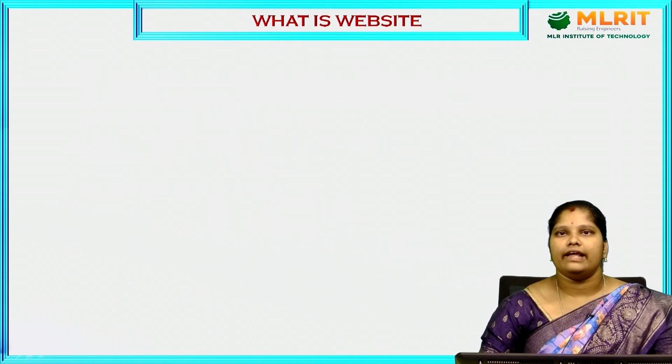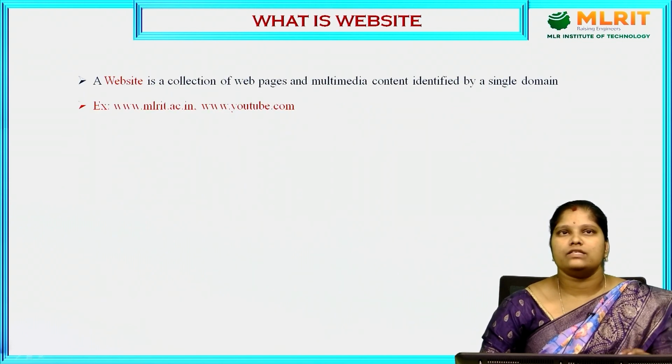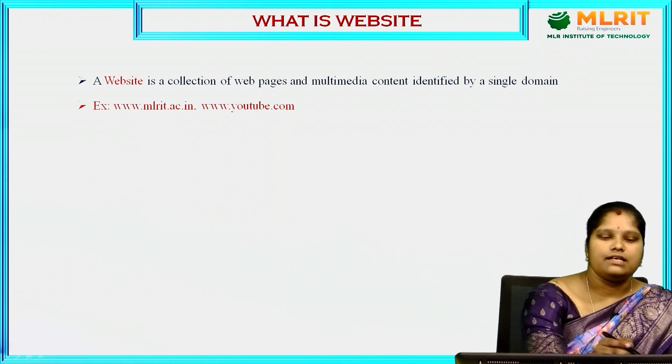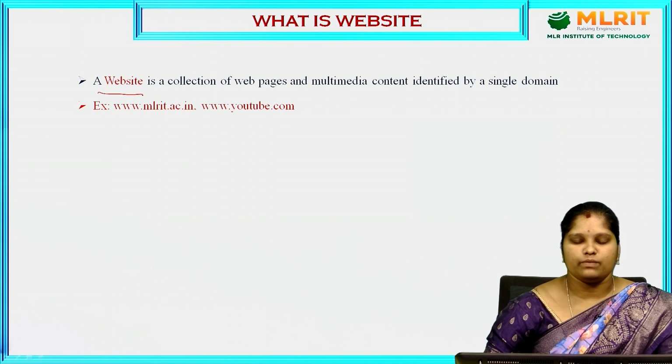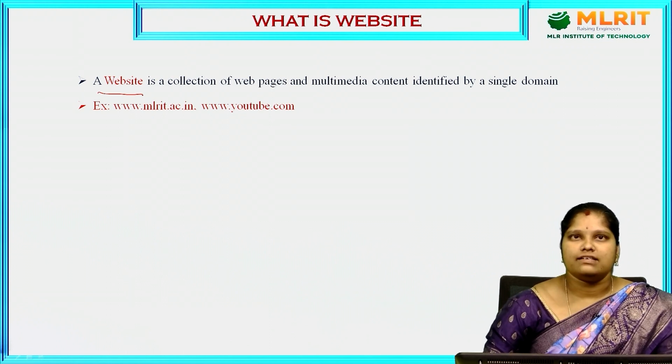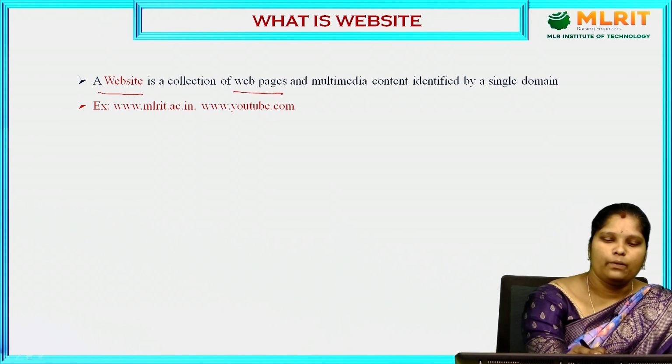And next one is, what is a website? A website is a collection of web pages and multimedia content identified by a single domain. Here, what is a web page?